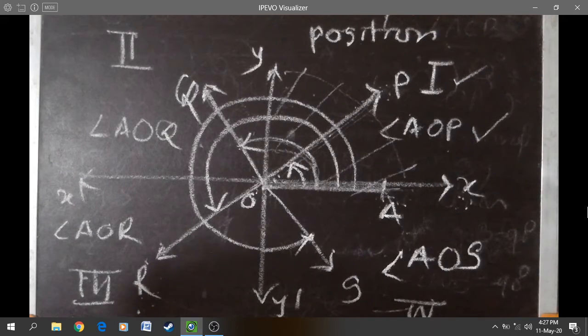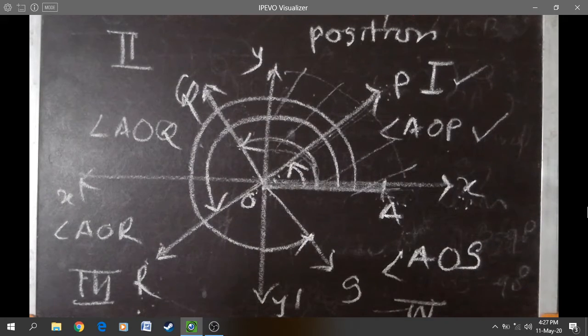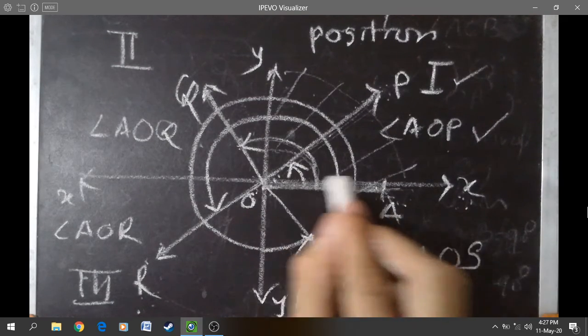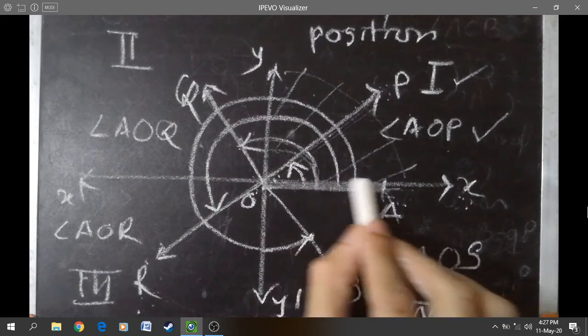So these are the angles in quadrants. The next one is quadrantal angles. A directed angle in standard position whose terminal ray lies along the x-axis or y-axis. We know in standard position the initial ray is always on the positive x-axis.